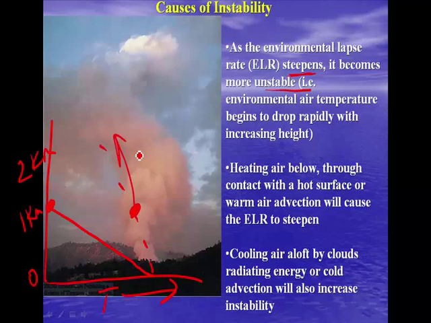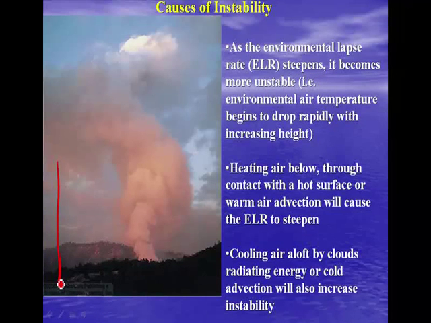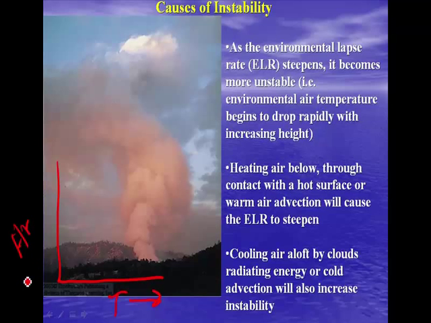Another way that we can do this is we can heat the air below. In other words, let me go ahead and clear this. Let's say we have this same type of setup, temperature increasing from left to right, and the height of the atmosphere increasing from 0 up to, let's say, 3 kilometers. And let's say in the morning we have a temperature profile that looks something like this.